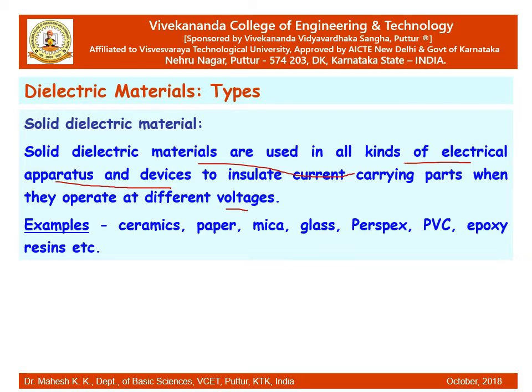Solid dielectrics have higher breakdown strength compared to liquids and gases. I will explain what breakdown strength is in the next slides. Examples are ceramics, paper, mica, glass, perspex, PVC, epoxy, resins, etc.